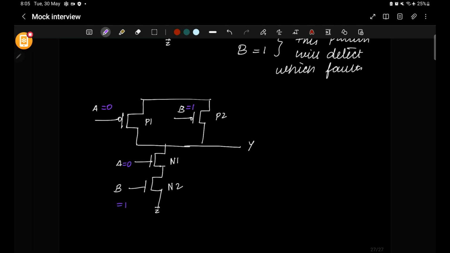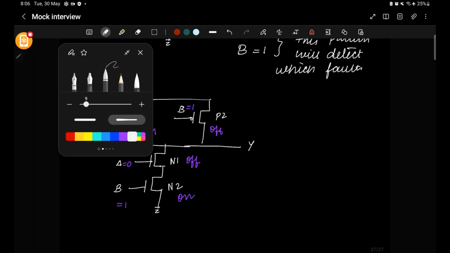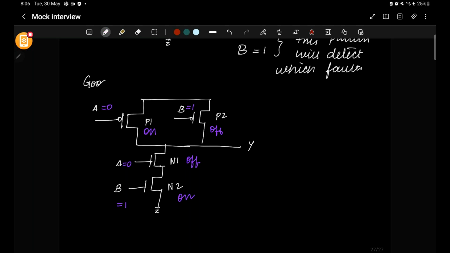So in this case, which one will be on? This will be on because PMOS will be on when Vin is equal to 0. And this one will be off because its input voltage is 1. Okay. And NMOS N1 will be off and N2 will be on. Okay. So now let's consider that this is the good machine. This is the good machine. So what will happen?